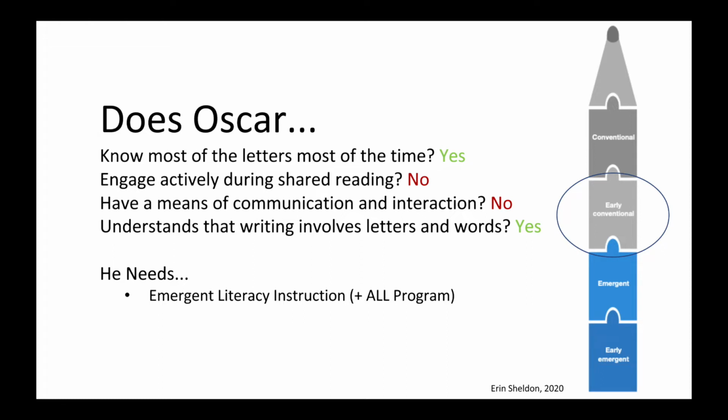We see a lot of kids like this that are in that gray area, and they are a yes to knowing their letters and knowing that text exists, but they still are a no to the engagement and communication part. So the ALL program is appropriate for this type of student, but we have to still be giving them emergent literacy activities as well to help develop their language and communication and interest in books.